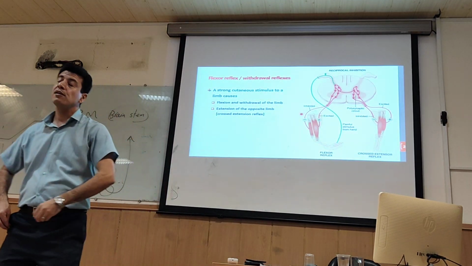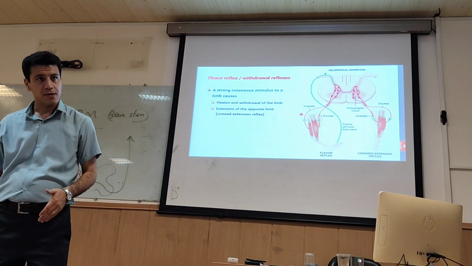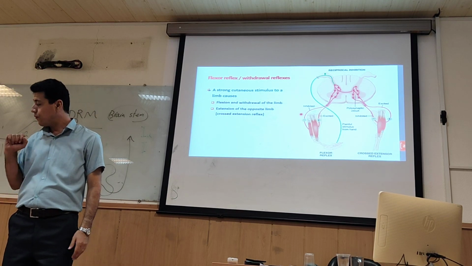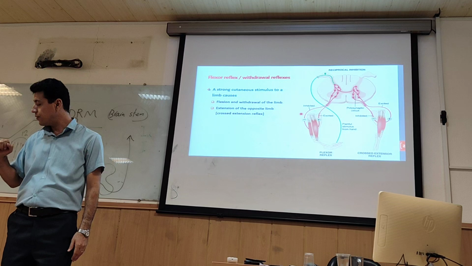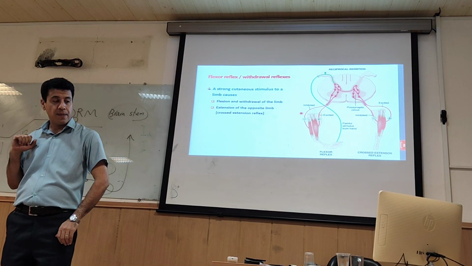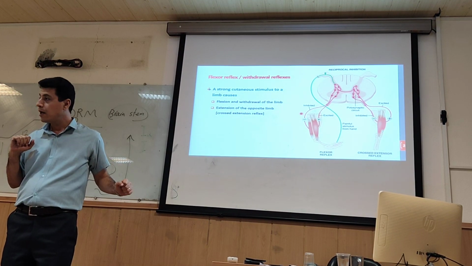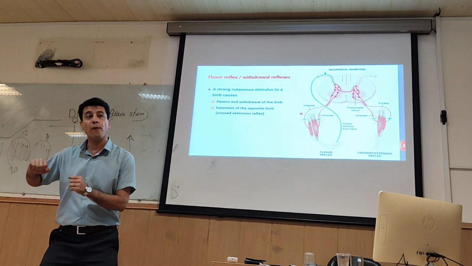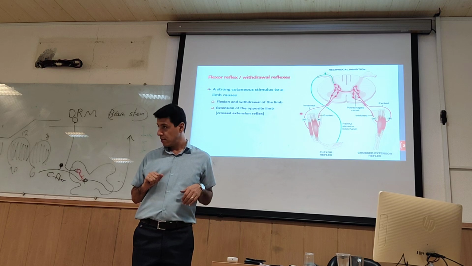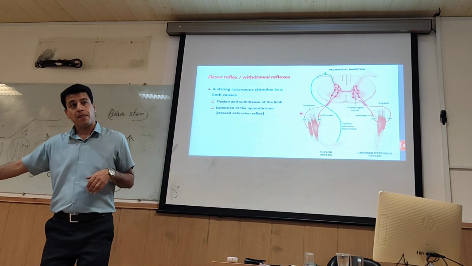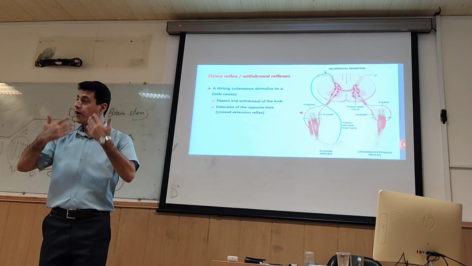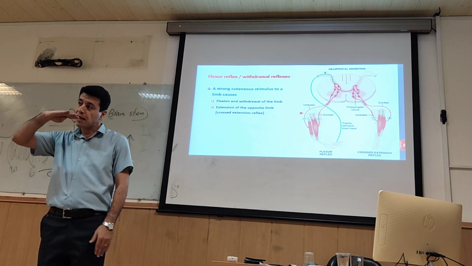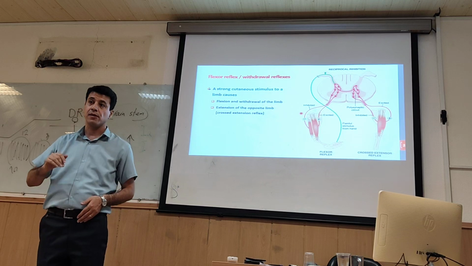Sometimes the object is very painful, right? So you touch it, you show flexion in your arm, there is extension in the other arm, but you also contract your body and legs and go away from the object. So the reflex spreads all over the spinal cord, from the segment of interest to other segments.